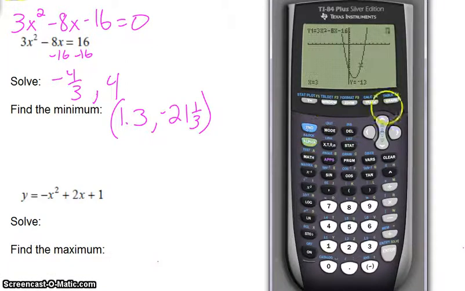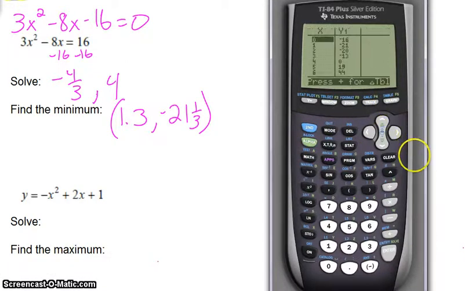You can also find that in your table, which you would do by second graph. And you can scroll over to see your x and y values. This table isn't as helpful, for instance, if you're asked how far something is after 3.5 seconds without having to change your table set, which usually isn't that useful.